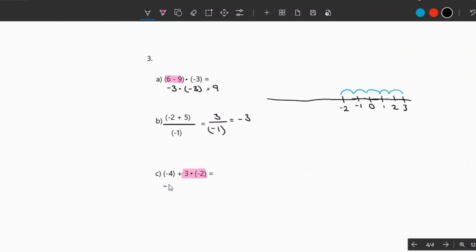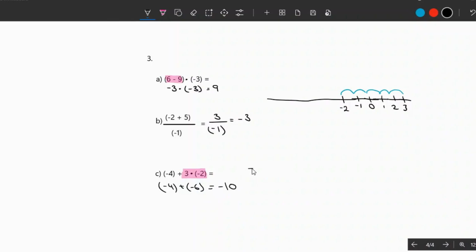So negative 4 plus 3 multiplied by negative 2 is negative 4 plus negative 6. We should go deeper to the negative, to the minus. That will give us negative 10.